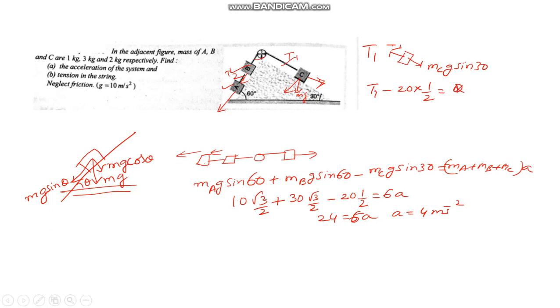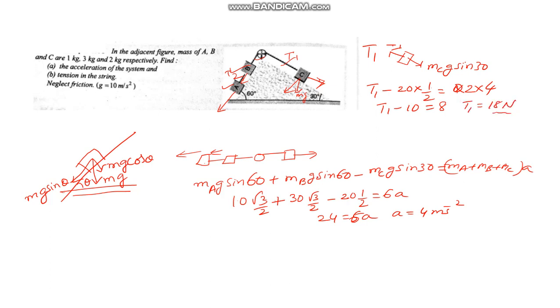See, this block is moving in the upward direction, so T1 minus 20 into half, and it is moving up, so it will be equal to mc into a. What is mc? mc is 2 and a value is 4. So this is T1 minus 10 is equal to 8. See, the net force we have to apply. This is not in equilibrium, the blocks are moving. So T1 you will get 18 newtons.